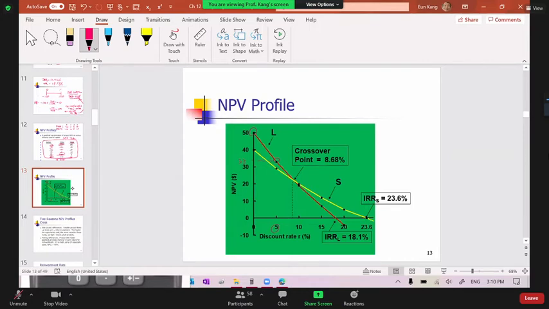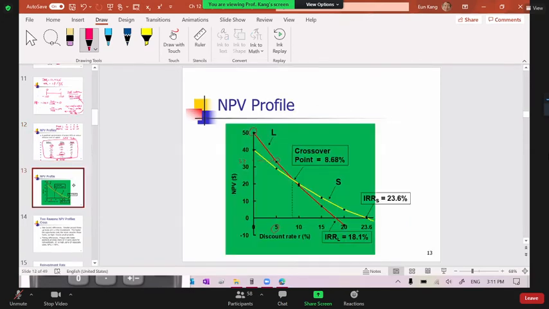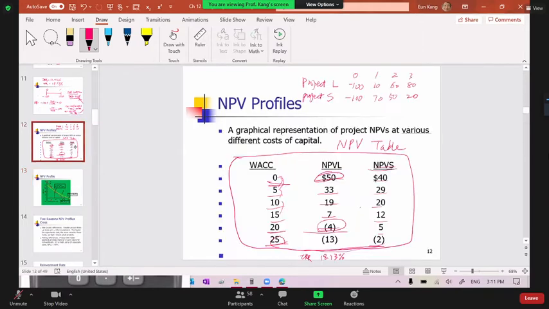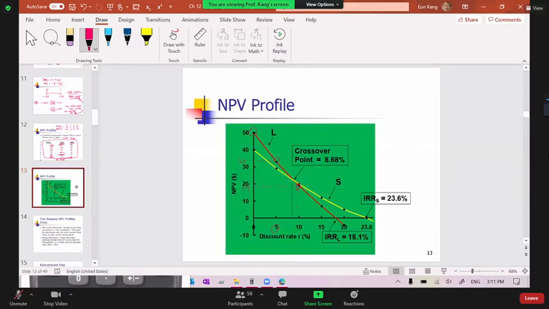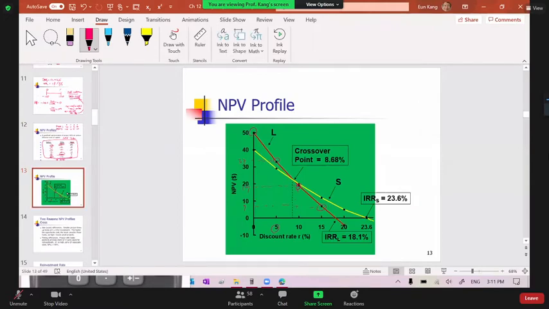And at 10%, 19. This is 19. And at 15%, 7. So this is 7. And at 20%, minus 4. So this one is minus 4. So you connect all those points.